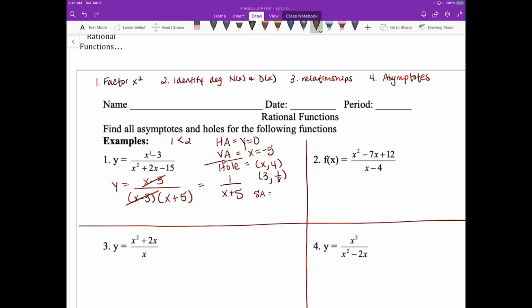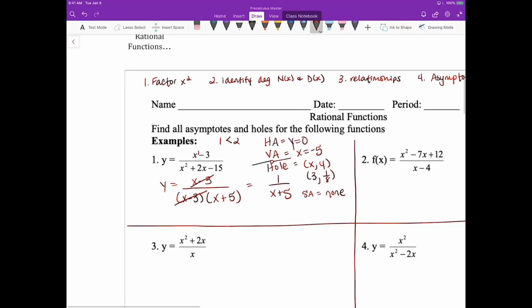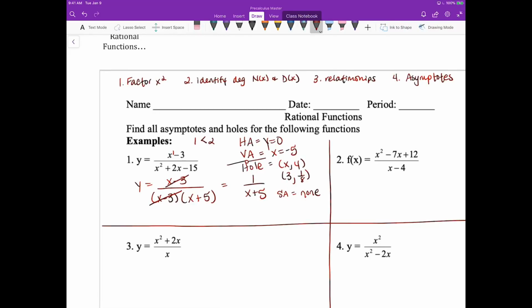So slant asymptote is none. And I've got all of these key features, and I'm going to write them down in a nice chart.